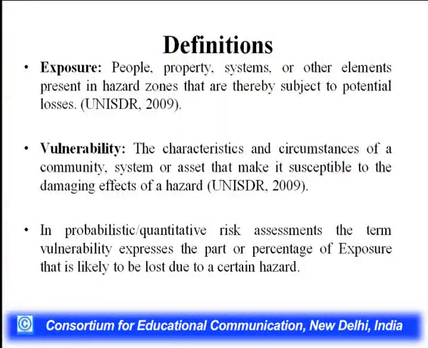I quote, exposure: people, property, systems or other elements present in hazard zones that are thereby subject to potential losses. Vulnerability: vulnerability can be defined as the characteristics of circumstances of a community, system or asset that make it susceptible to damaging effects of a hazard.